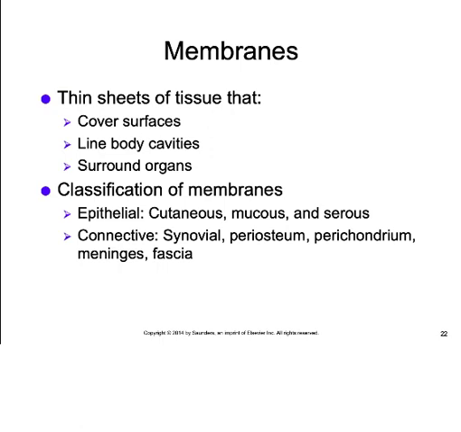Mucous membranes, which line cavities that are open to the outside world, such as your urinary system, your digestive system, your respiratory system. And then serous membranes that line cavities that aren't open to the outside world, such as the pleural cavities where your lung sits, your pericardial cavity where your heart's located, and your peritoneal cavity, which contains things like your lower digestive system.